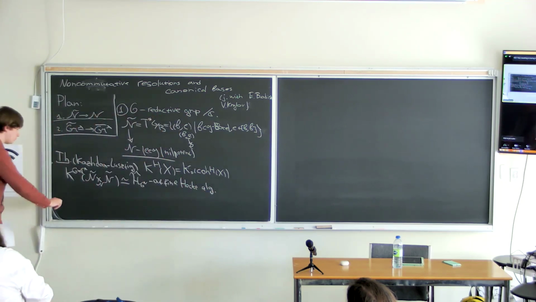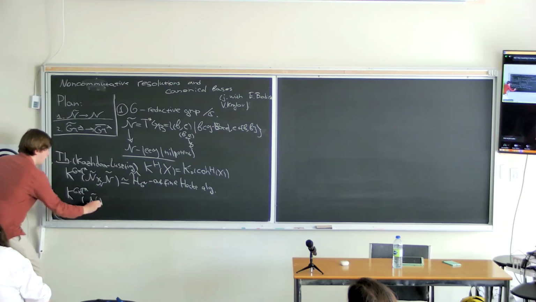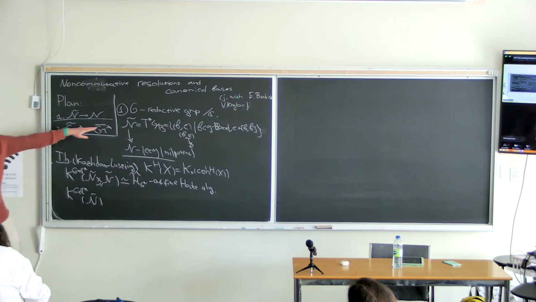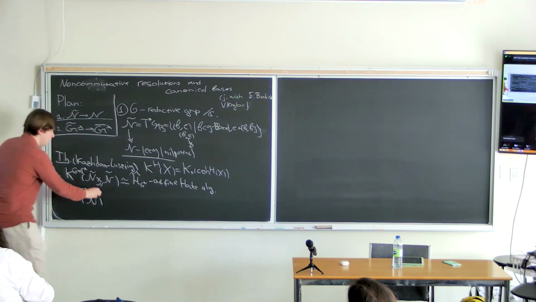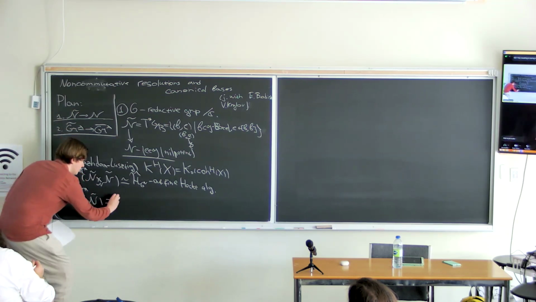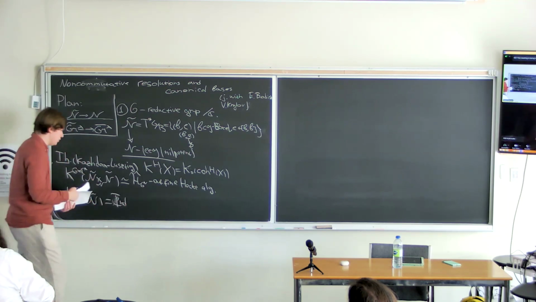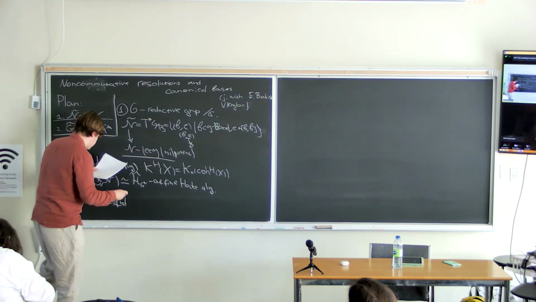And one can also take the equivariant K-theory of just the Springer variety, the cotangent bundle, and it will be naturally a module over this algebra. So let me write what it is, then I'll explain that.